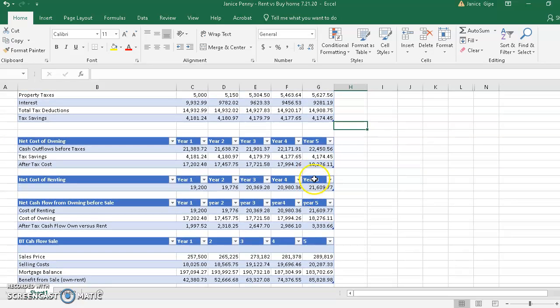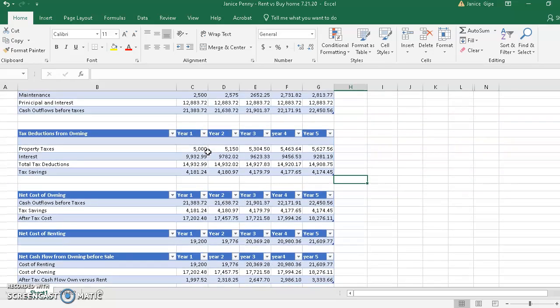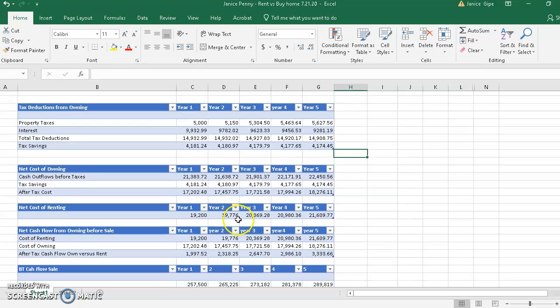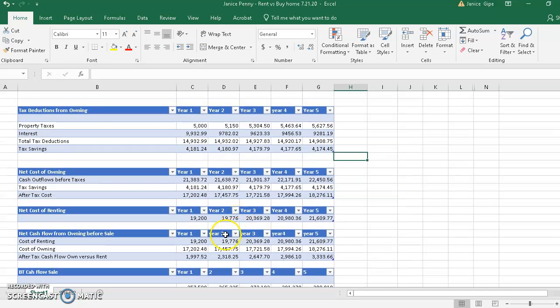Net cost of owning: cash outflows before taxes are right here. So I took these numbers the whole way across and then put those right here. Cash outflows before taxes, I just copied and pasted from the calculations that I had already created.